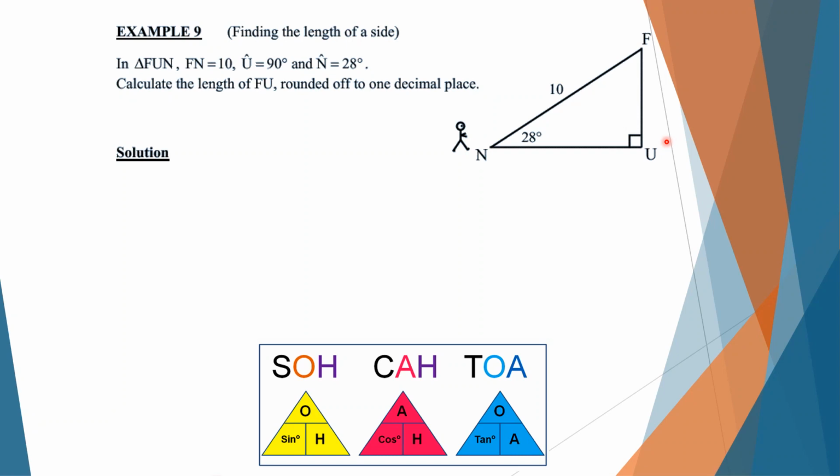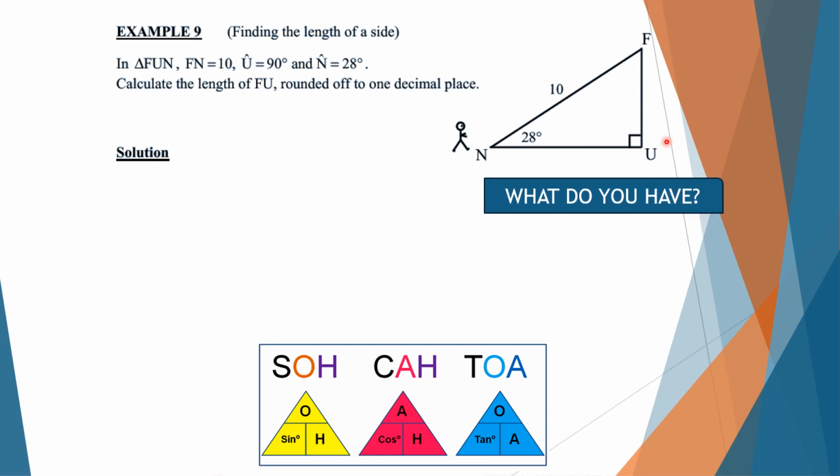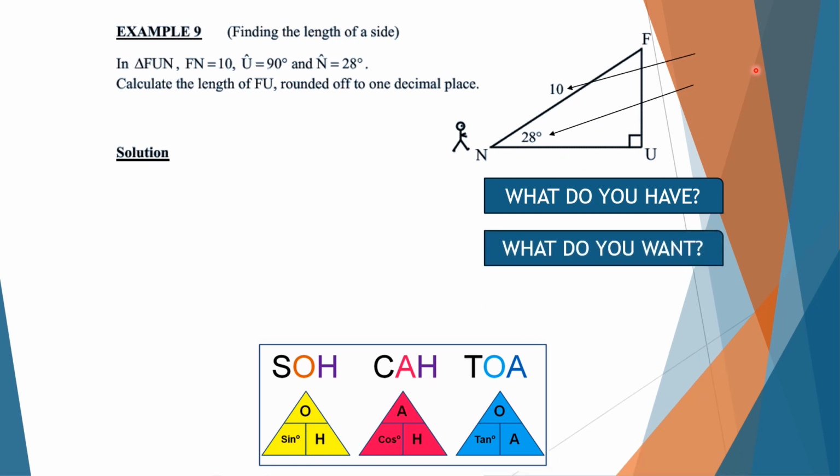So we're going to do this in 3 steps. Step 1, what do you have? You have that angle 28 degrees. You also have the hypotenuse, which is 10 units. The second question is, what do you want? And we get that from the information. What we want is FU.